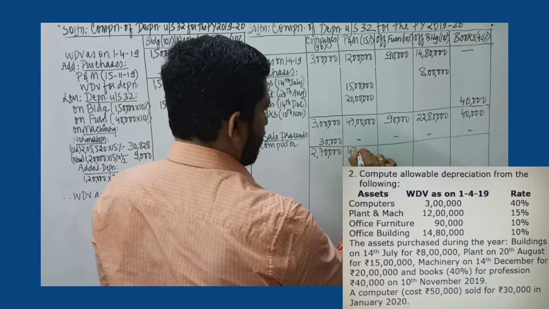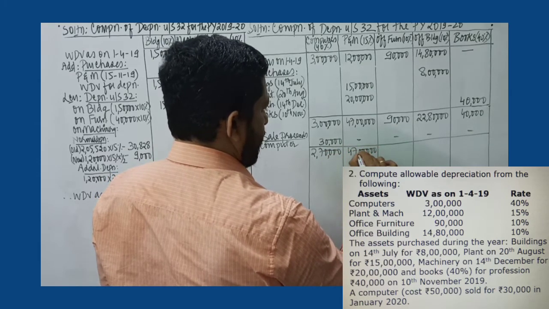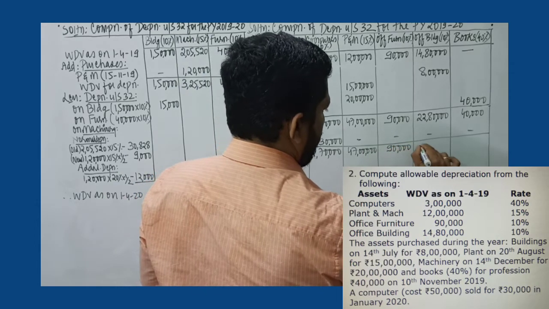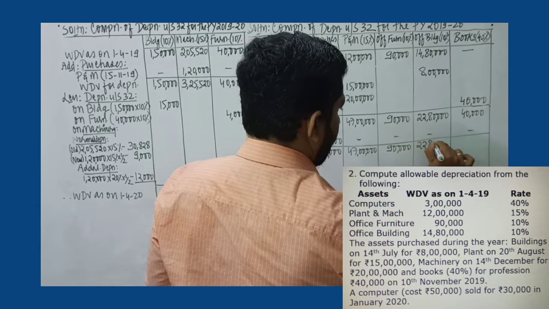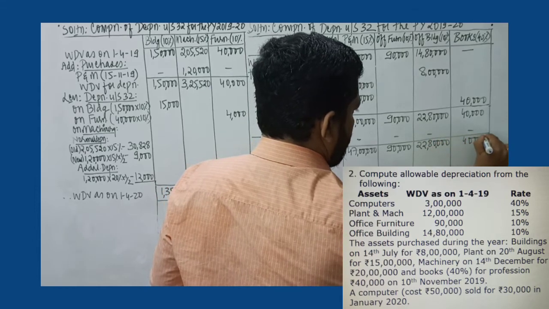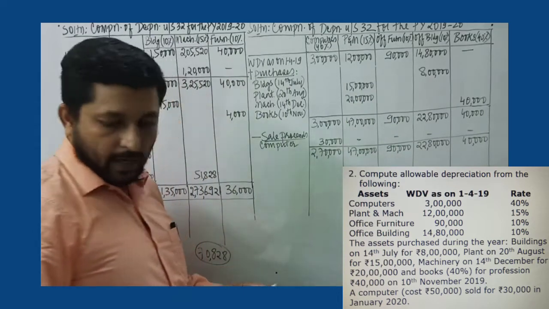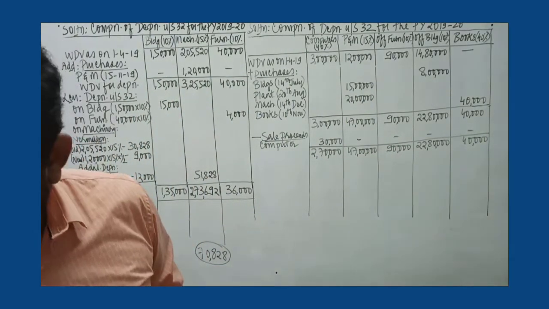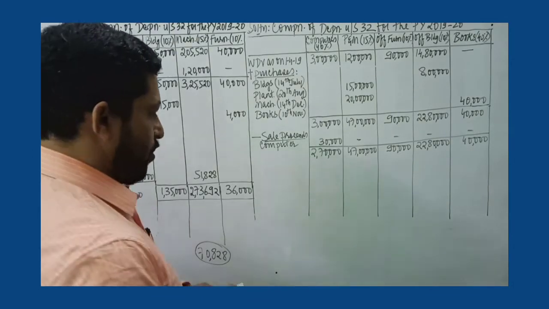Here I get 47 lakh. Here we get 90,000. Here we have 22 lakh 80,000. And here we have 40,000. So these are the asset values as far as the written down value before depreciation.